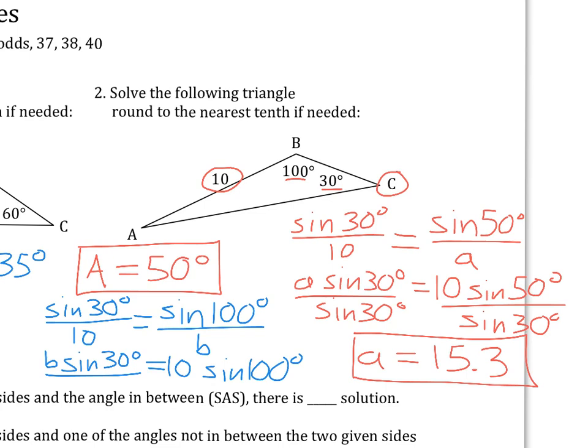So now divide by sine 30. Alright, and I'll write the answer up here. B equals 19.7.